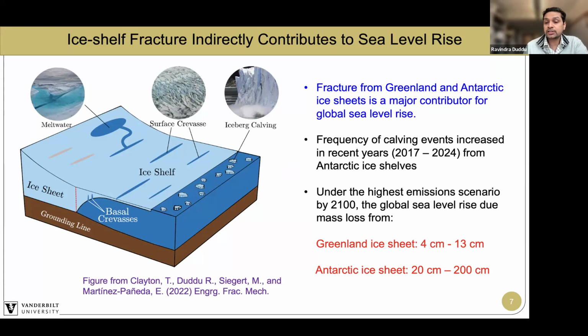And for Antarctica, it's 20 centimeters and 10 times 200 centimeters is the upper limit. That means we are talking about huge uncertainties, and we want to narrow down this uncertainty through better modeling and perhaps some other mathematics related to uncertainty quantification, so that we can then drive policy.